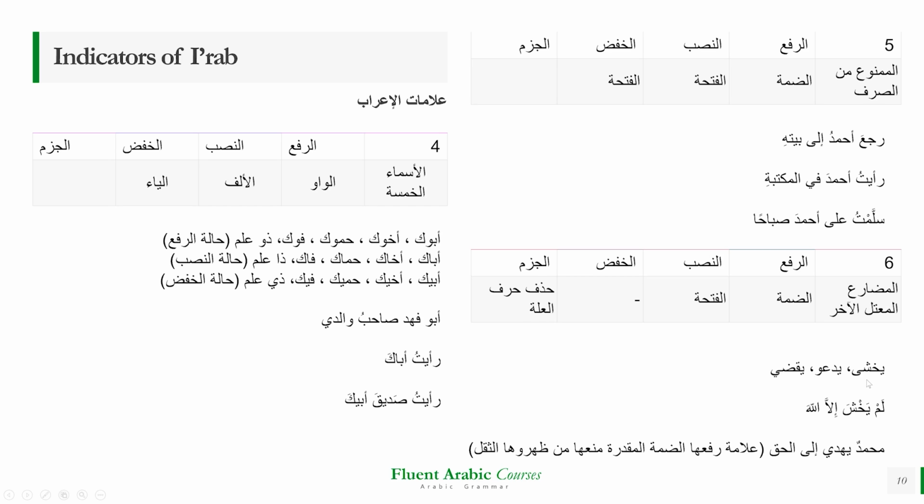Examples for these are yakhsha, yad'u, yaqdi. Lam yakhsha illa Allah. So here the word is in the state of jazm because of the particle of jazm, which is lam. So we simply remove the letter of illa, which is the alif maksura here. So it simply becomes yakhsha instead of yakhsha.